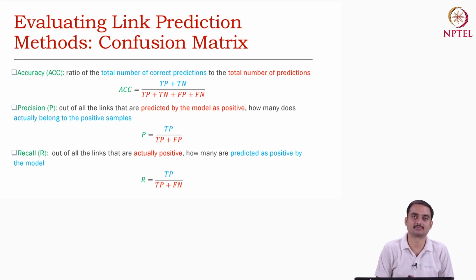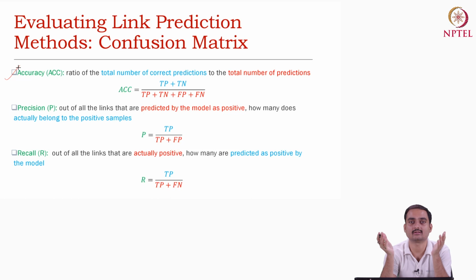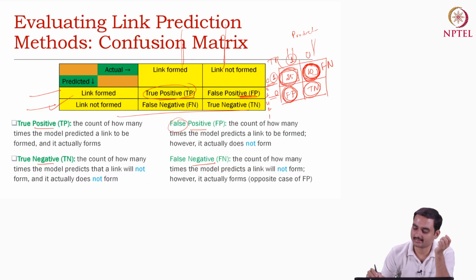Based on these 4 quantities, one can come up with multiple metrics to evaluate a system. The first metric is called accuracy. Accuracy is very simple. It looks at all correct predictions, and you divide it by the total samples, right? True positives are correct predictions and true negatives are also correct predictions.